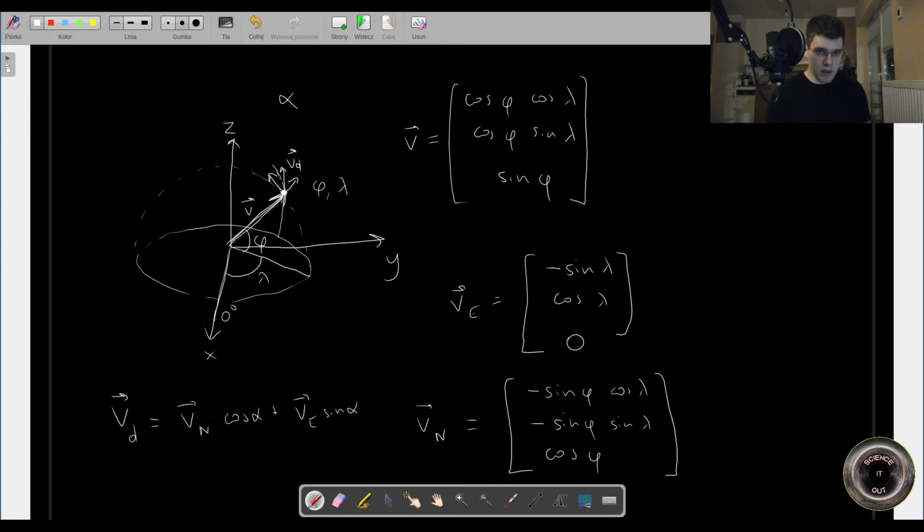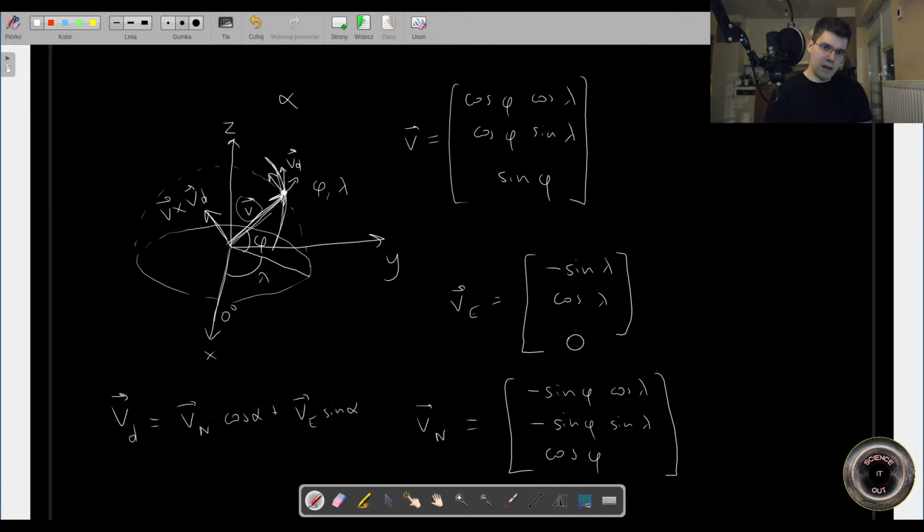To get this great circle, we can take a vector that is perpendicular to the plane of this circle, which fortunately can be easily calculated by just taking V and calculating the cross product with VD. So this is V cross VD.